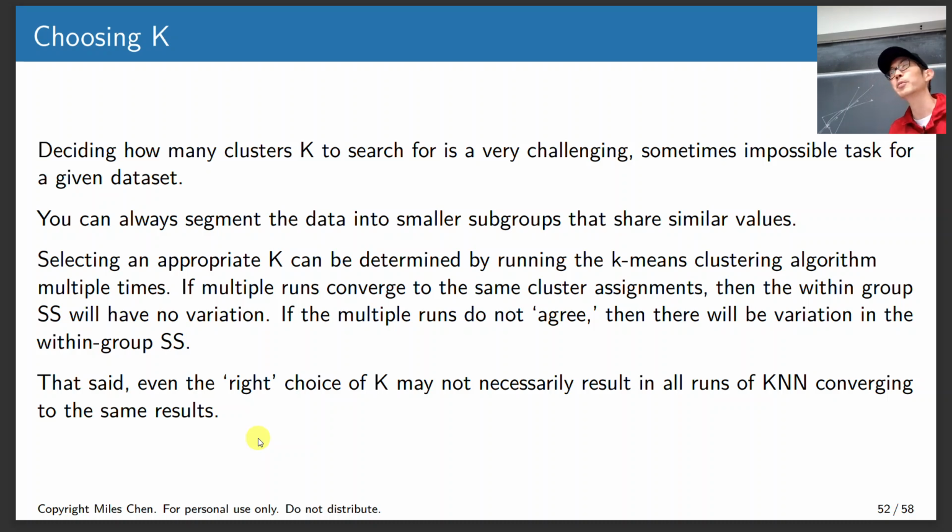To compare how difficult a task this is, it'd be like asking, on the census form, how many race or ethnicity categories should there be? This is a very tough question, right?